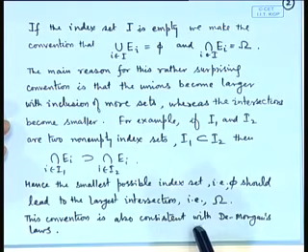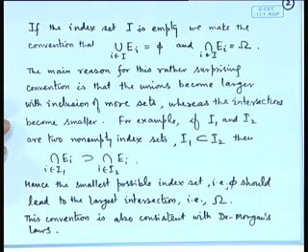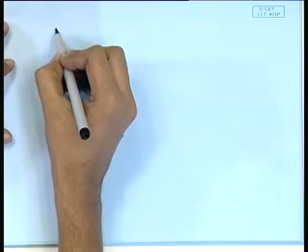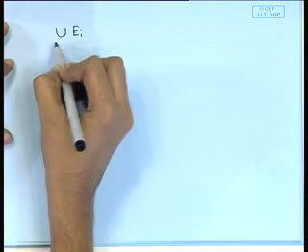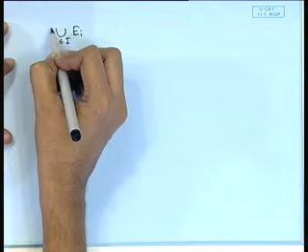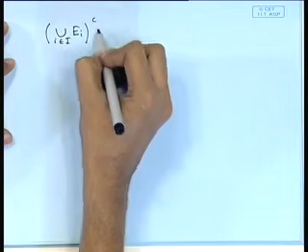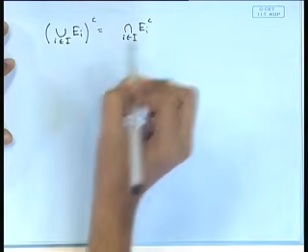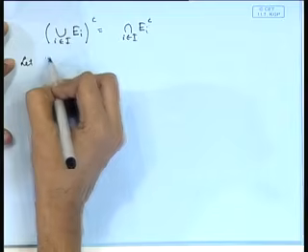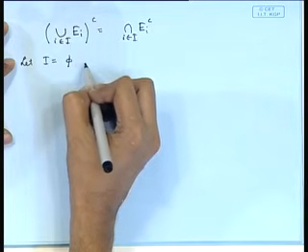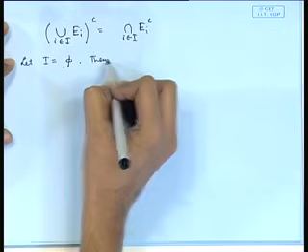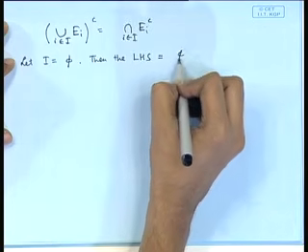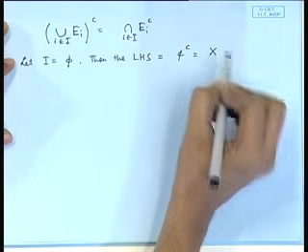This convention is also consistent with De Morgan's laws. For example, if I write the complement of the union of E_i, i belongs to I, is equal to the intersection of E_i complement, i belonging to I. Let us take I to be phi, then the left hand side is equal to phi complement, which is equal to the whole space.